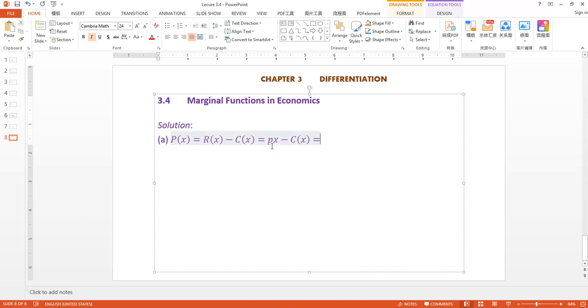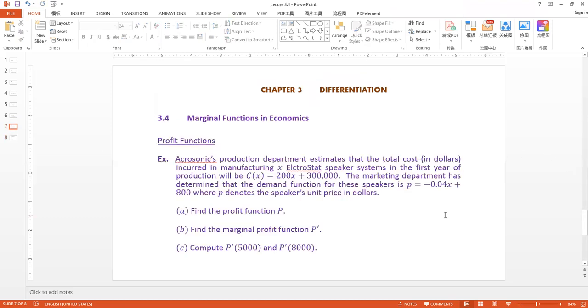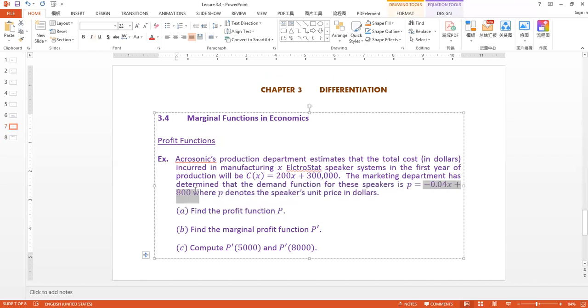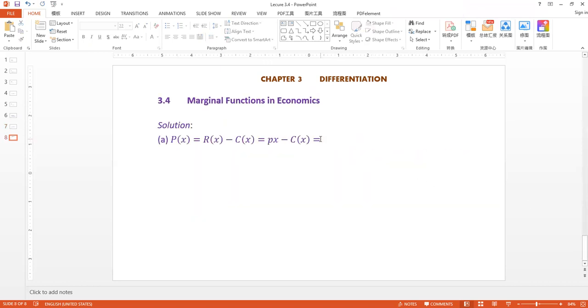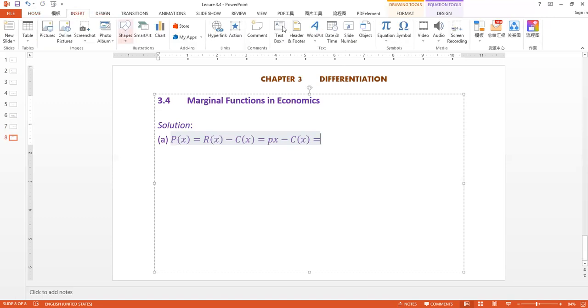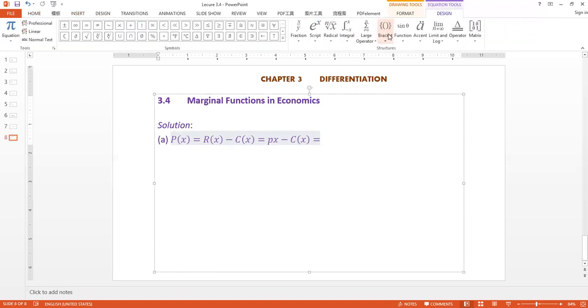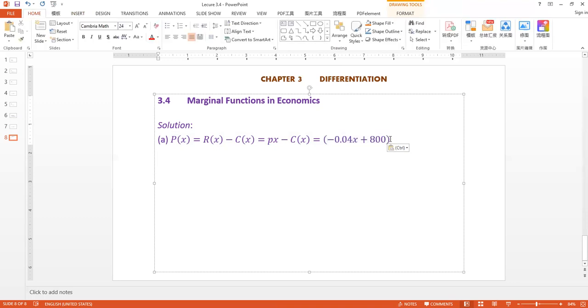So we have already been given p equals negative 0.04x plus 800. So just plug that in for p. We need the parentheses. So negative 0.04x plus 800, that's just p copied from the previous page, times x, the sales, and then subtract the total cost.